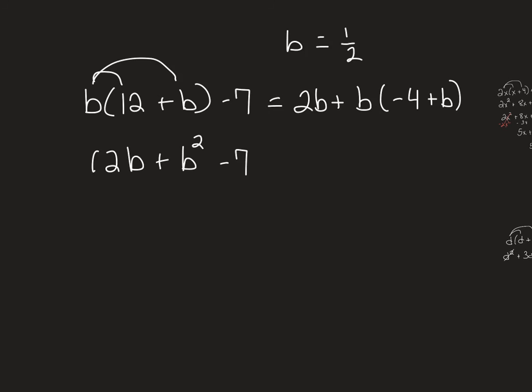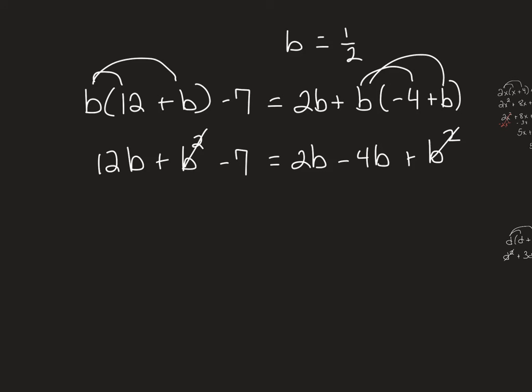And let me erase this and make it straighter, so it doesn't look like a parenthesis, equals 2b, b times negative 4 is minus 4b, plus b squared. Now remember what we said, if we have the same thing on both sides of the equal sign, they cancel each other out, because if I subtracted b squared from both sides, it would go away.